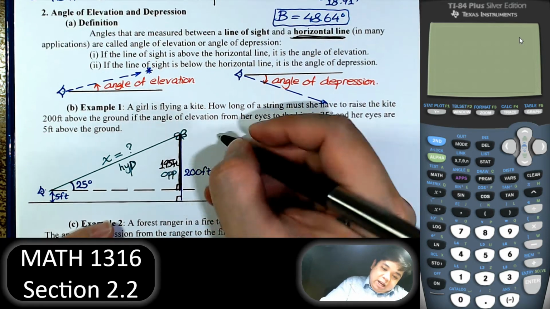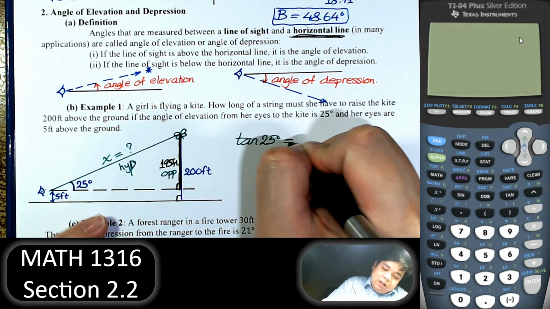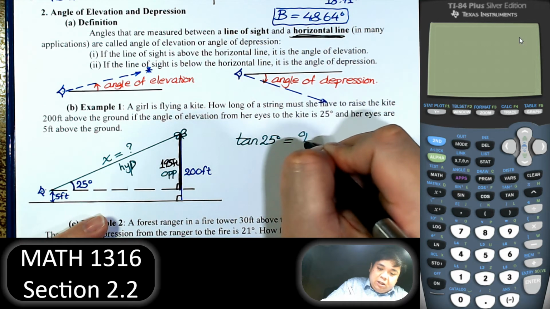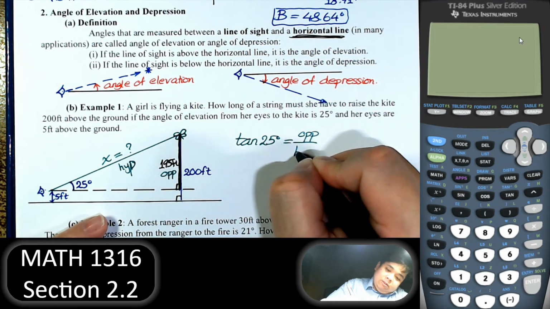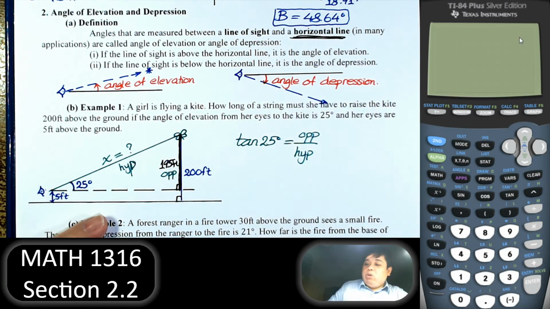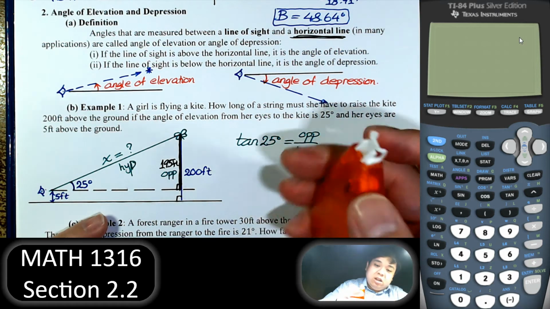So we have tangent of 25 degrees equal to opposite over hypotenuse. And that will be totally wrong, because opposite over hypotenuse is sine.